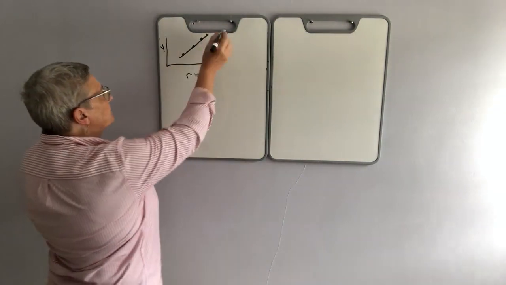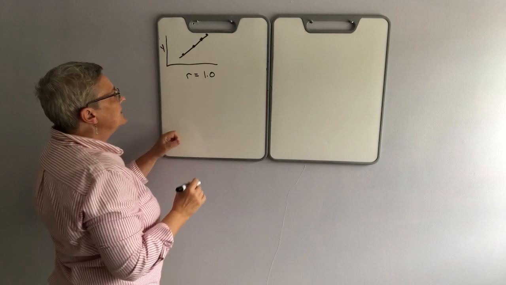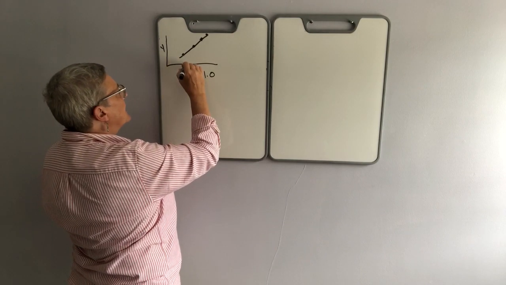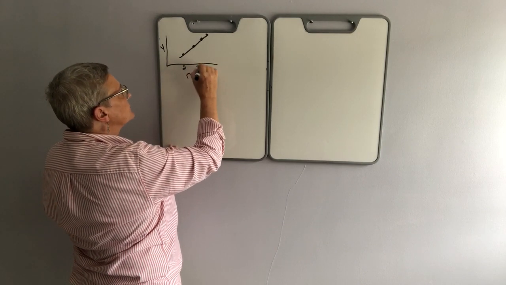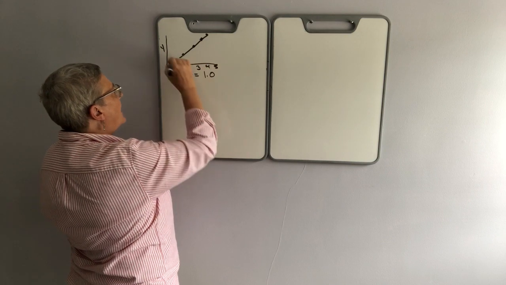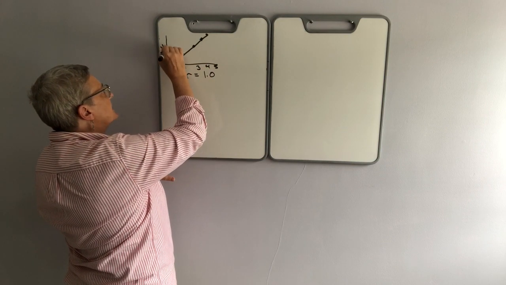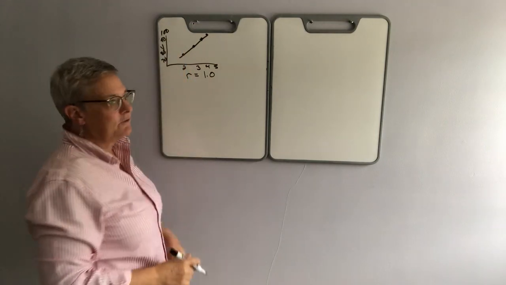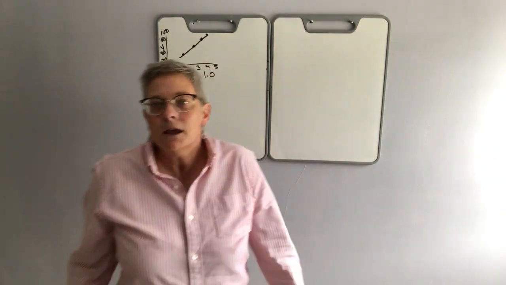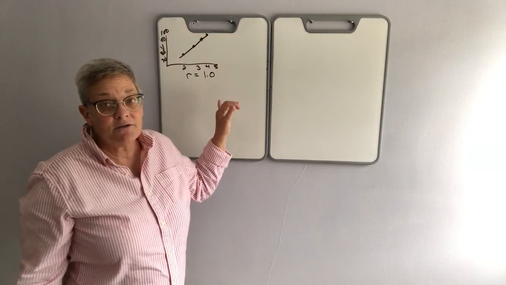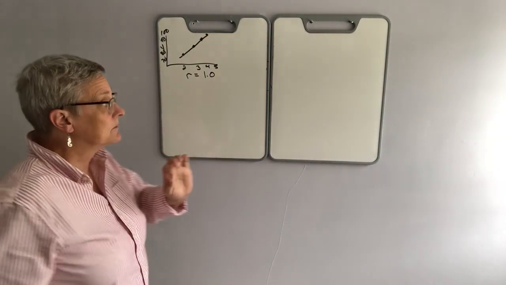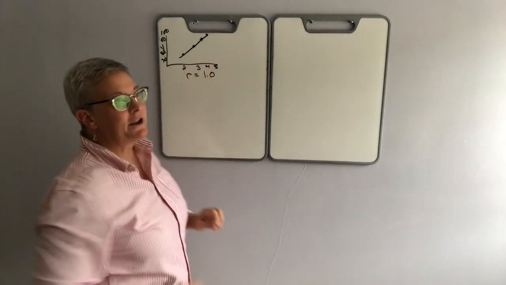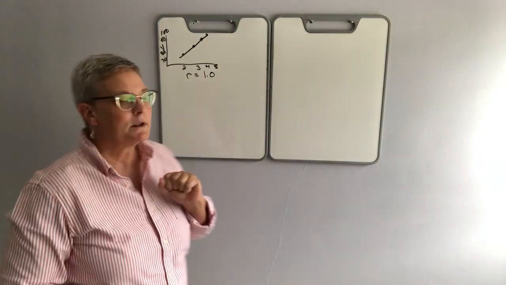And it's a perfect line. So maybe this is 2 hours of studying, and this is 3, and this is 4, and this is 5, and this is 70, and this is 80, and this is 90, and this is 100. Study 5 hours, get 100%. It isn't cause and effect, it's a relationship. But a perfect correlation is a perfect line.